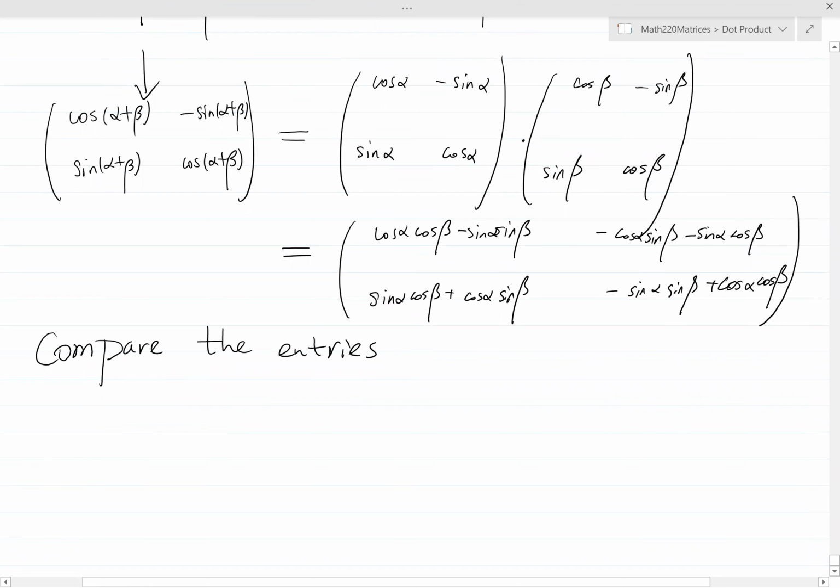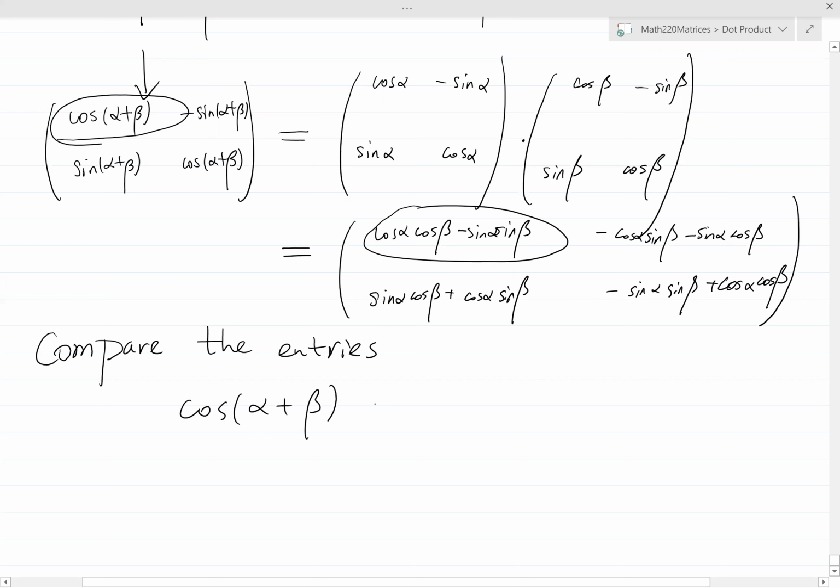The right side is one thing, the left side is another, and these are the same, so the entries should be equal. So we get cosine of alpha plus beta equals cosine alpha cosine beta minus sine alpha sine beta. Okay, so we get the addition rule for the trig.